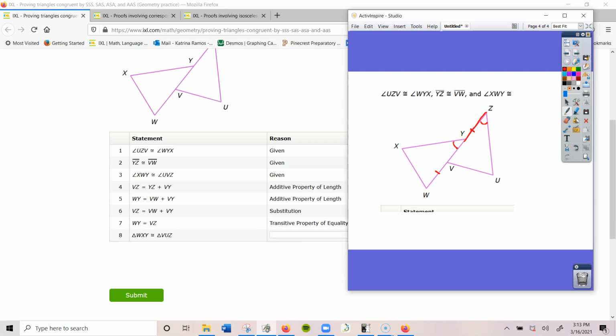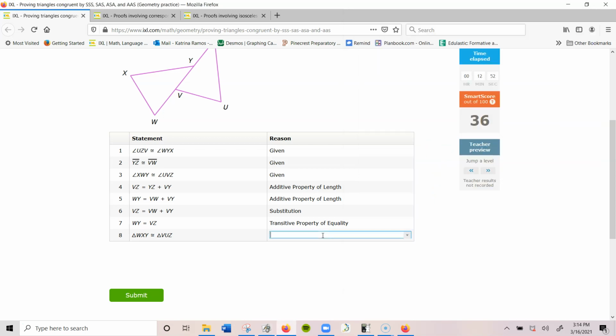So this is essentially congruent to this here. That's what it's trying to tell you. And then I missed this angle here, that XWY. So this angle is congruent to UVZ. So what we have here is angle, side, angle. So that's how they are congruent.